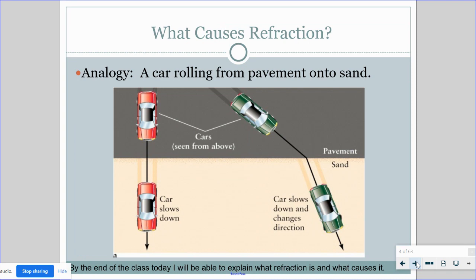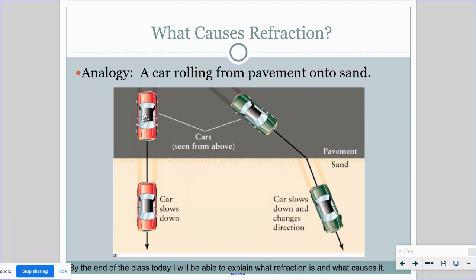So what causes it? A good way to describe this is thinking of a car going from pavement. It's going very fast, but as soon as it hits that sand, it slows down. That's if it's going straight. If it's going on an angle when it's on the pavement, when it hits the sand, it starts turning inward as it hits the sand. That's what's happening to the light.